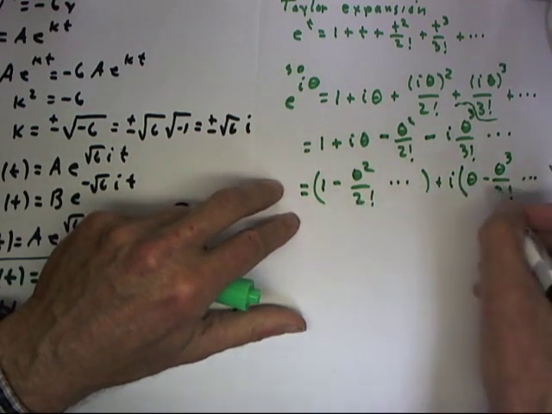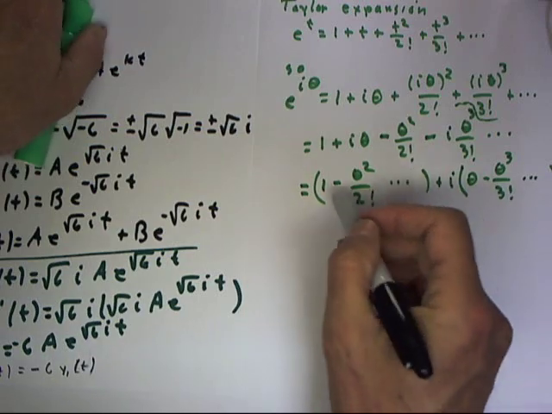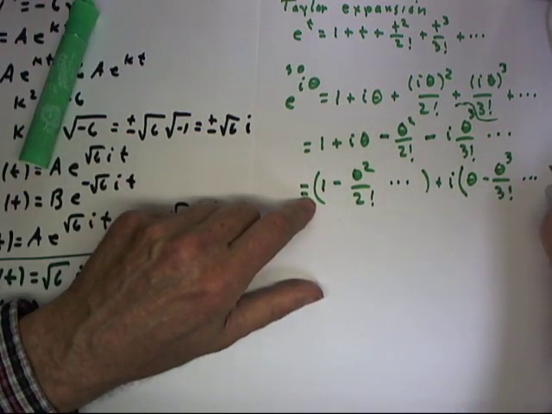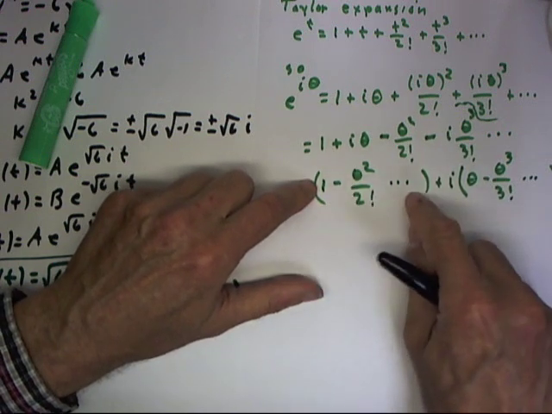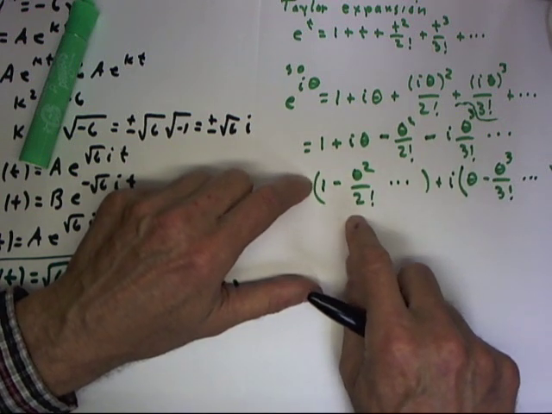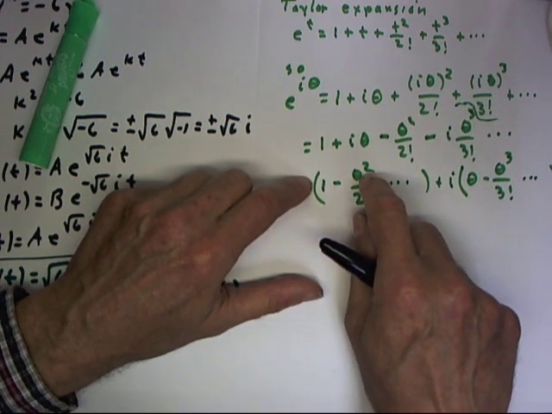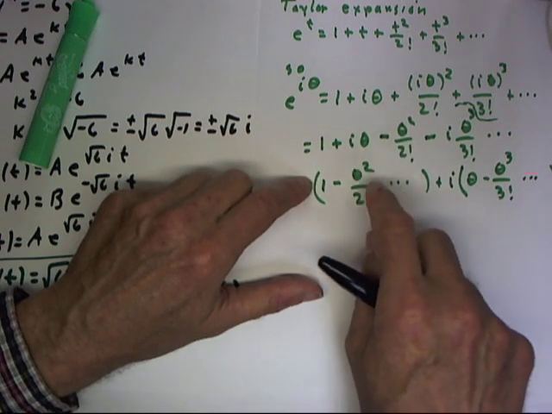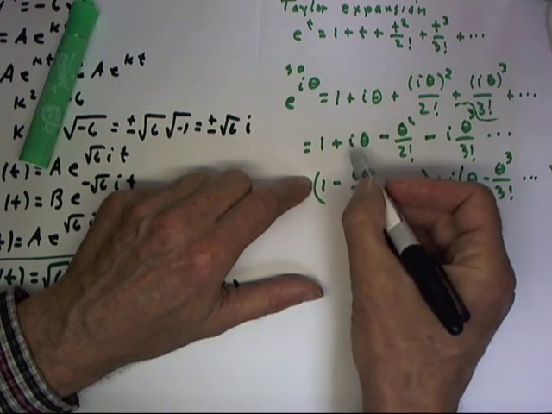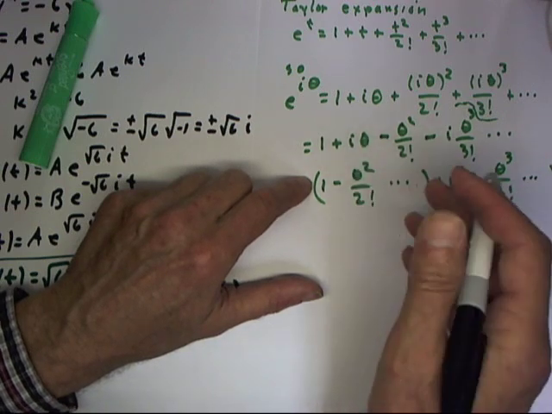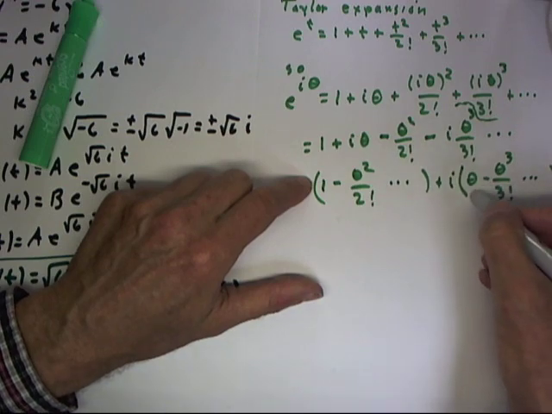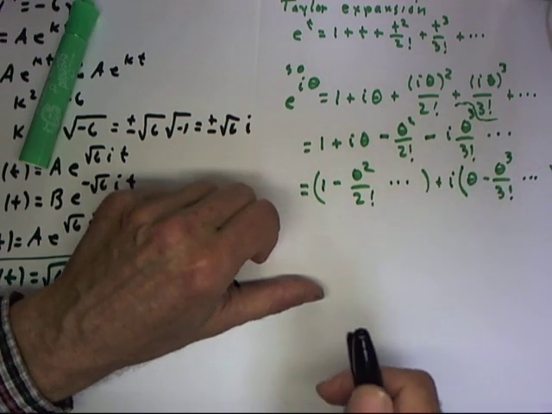Now, we might not have written out enough terms to see exactly what these series are going to be, but it should be clear it's going to be a series of even powers of theta, because every other power is going to have an i squared or an i to the 4th or an i to the 6th here, or an odd power of i here.